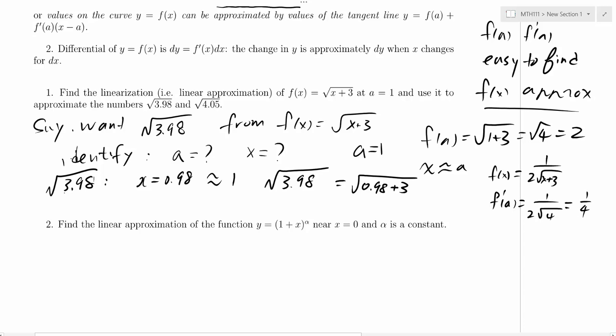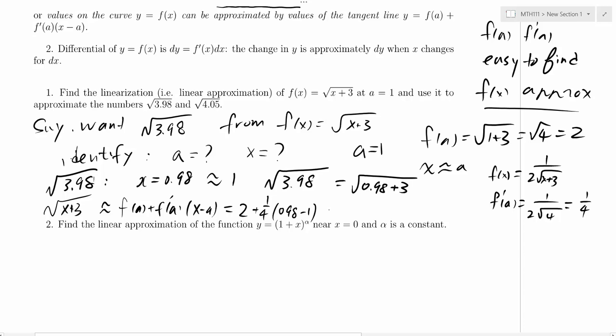So what we have now is that the square root of x plus 3 is approximately f of a plus f prime of a times x minus a. Let me write it down. And we have everything we need. f of a is 2, and f prime of a is 1/4, and x is 0.98, minus a is 1.